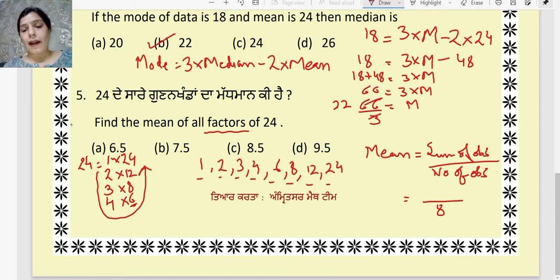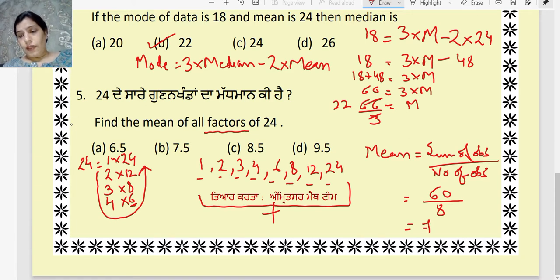And when you will add all these, जब आप इसको plus करोगे, then you will get the answer as 60. So 60 divided by 8, that gives you the answer as 7.5. So my correct answer is option number B, that is 7.5.